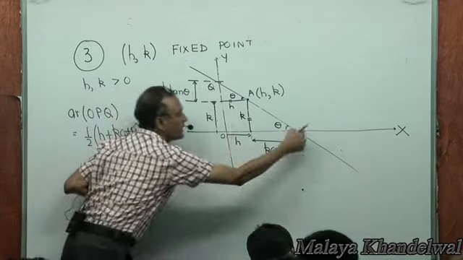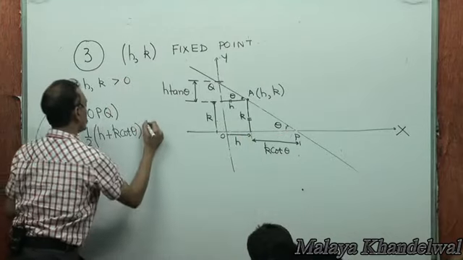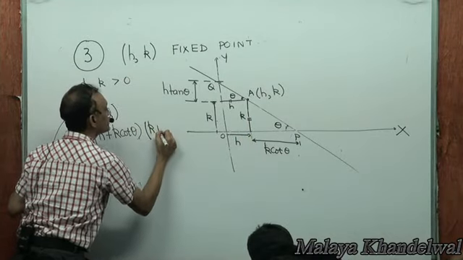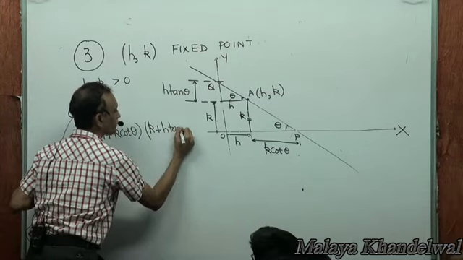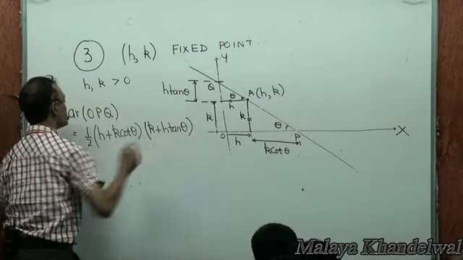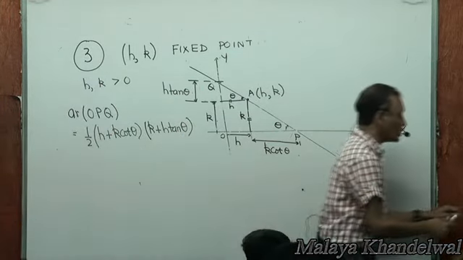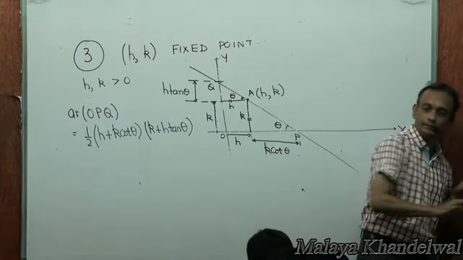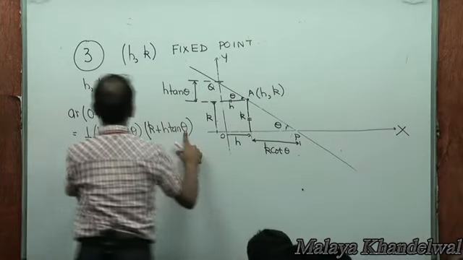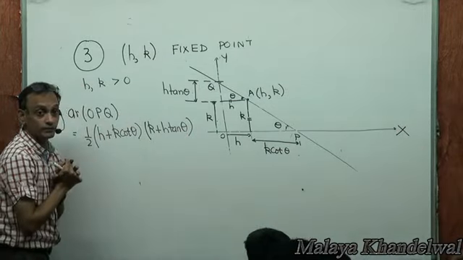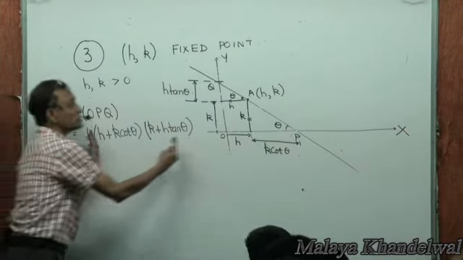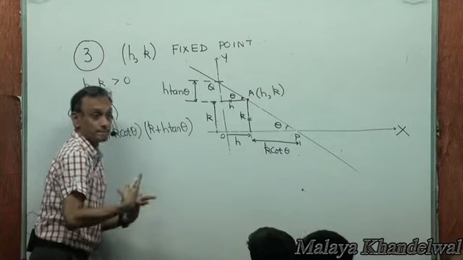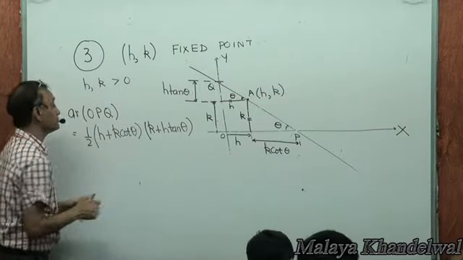Half of base into altitude. Is that okay or not okay? Different values of theta will give me different areas. For a certain value of theta, this expression would be the least it could be. We want to minimize this.